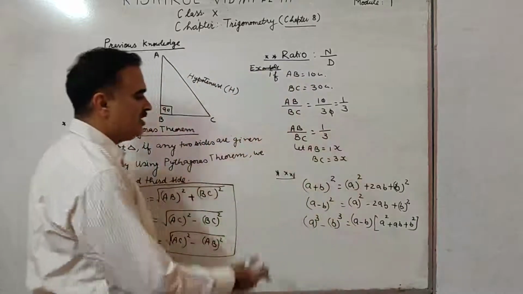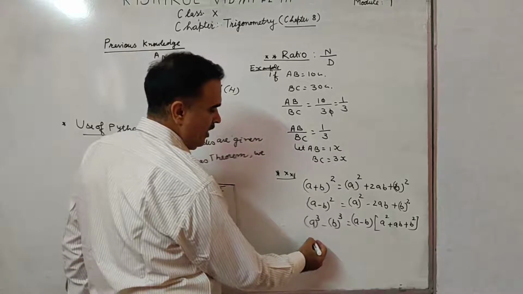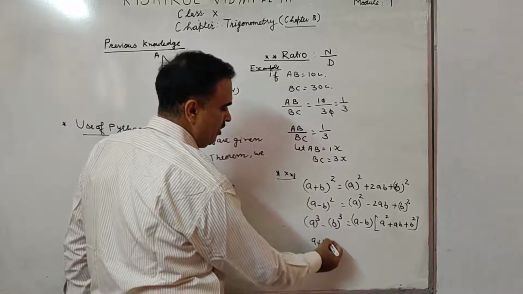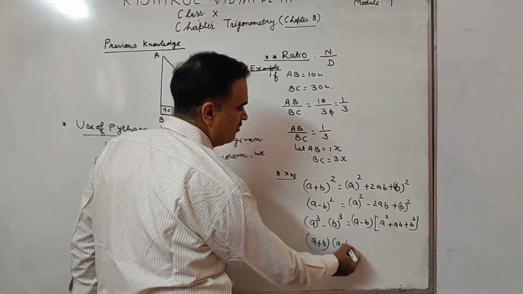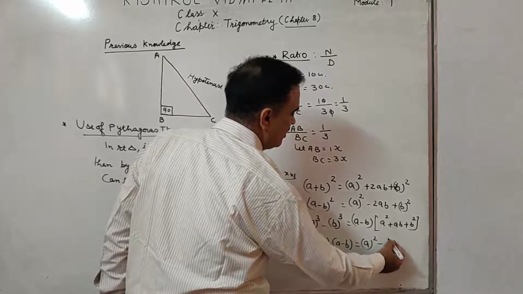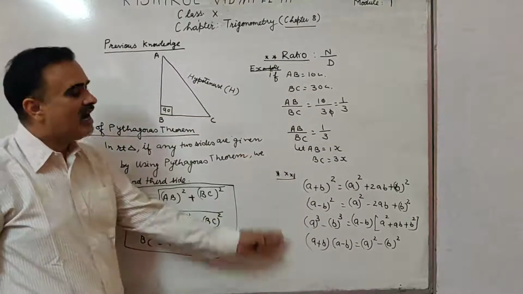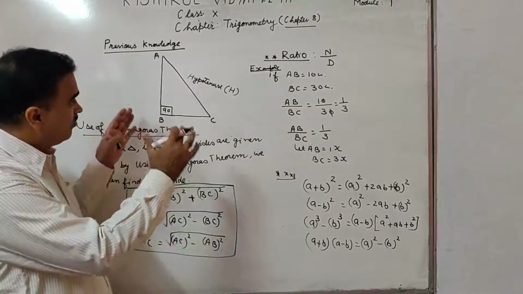And one more, a plus b into a minus b is a square minus b square. Generally we will use these identities in this complete chapter.